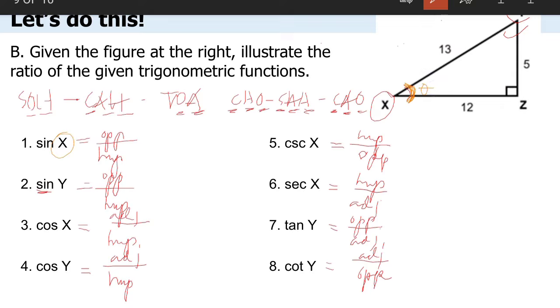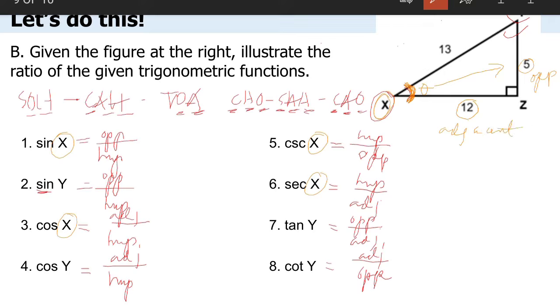Let's first answer those with reference angle x so you won't be confused. For this angle x, your opposite is 5, and the adjacent is 12.